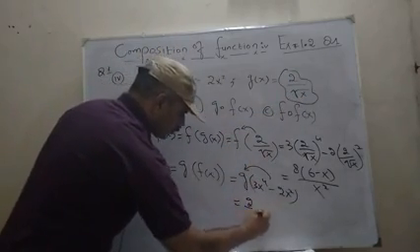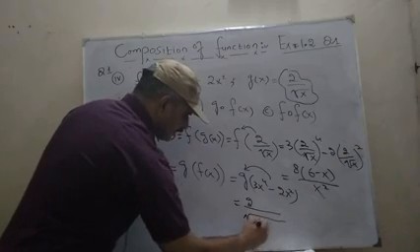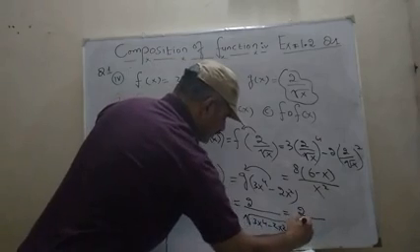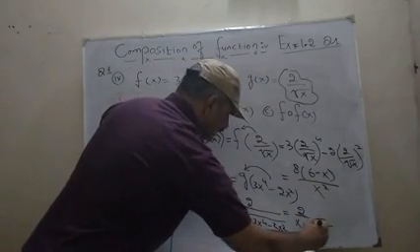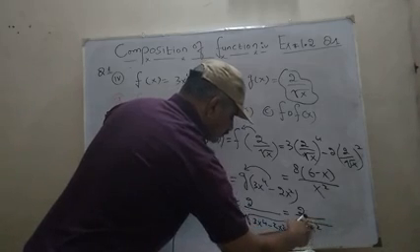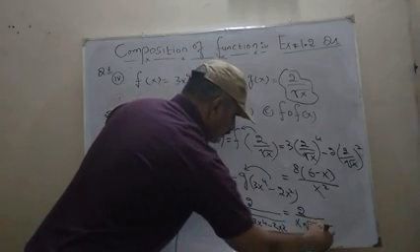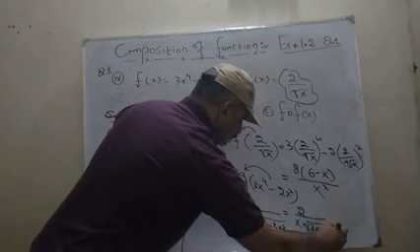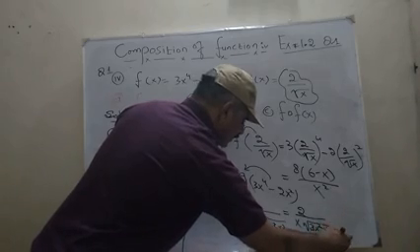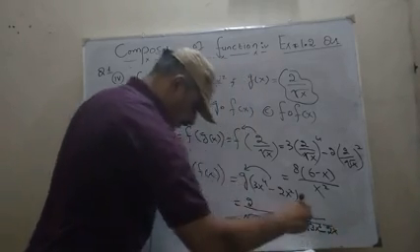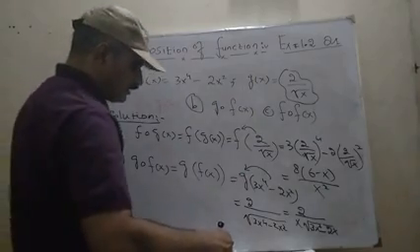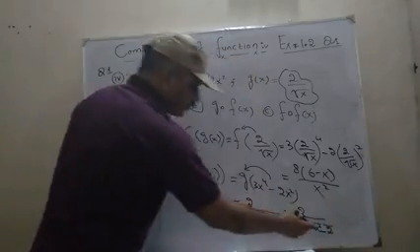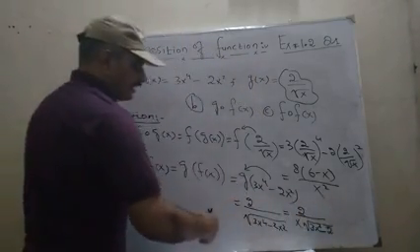So you put here 2 under root of 3x to the power 4 minus 2x squared, and after simplification you will get the result 3x squared minus 2 after taking x squared common. That will be your final result.